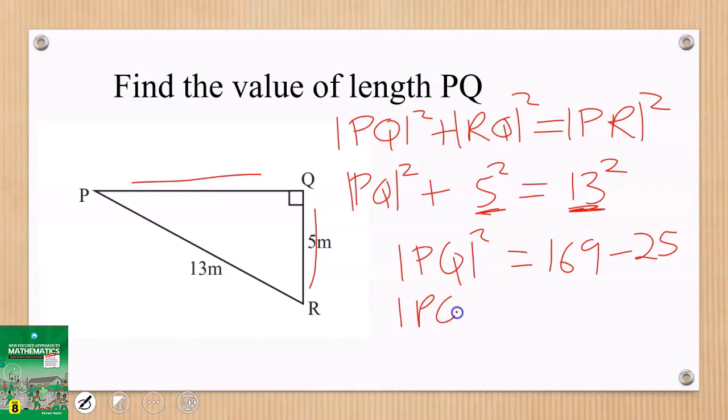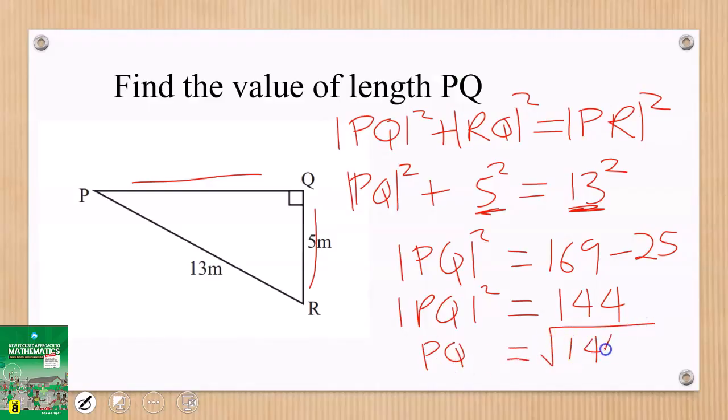So my PQ squared is equal to 169 minus 25, which gives us 144. And since we are making PQ the subject, we take square root of both sides, and then we have square root of 144. Now, what is square root of 144? That means what number squared will give us 144? And that is 12. So 12 meters becomes the length of PQ. Great. I'm sure you are following.